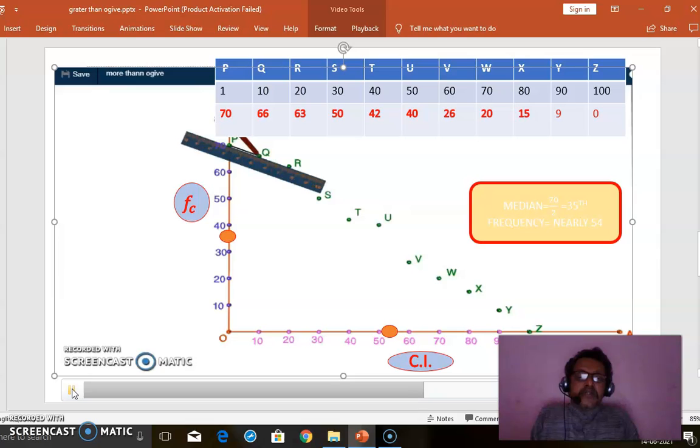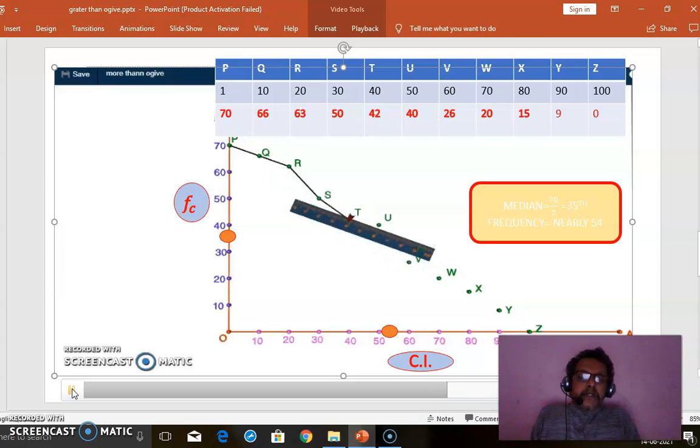Here it is decreasing, here decreasing, here decreasing.